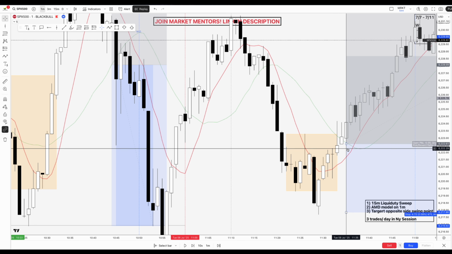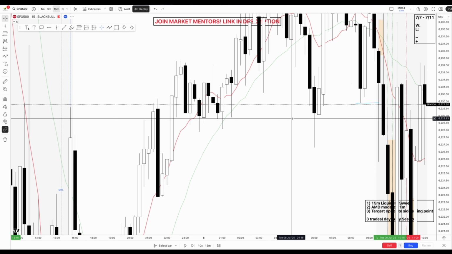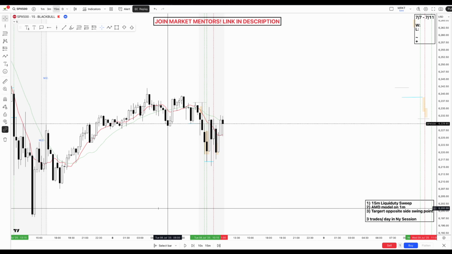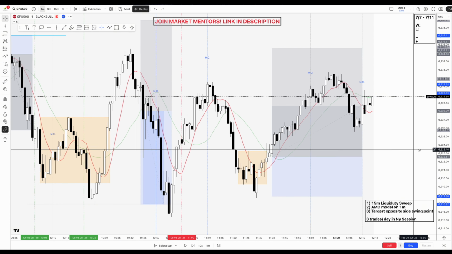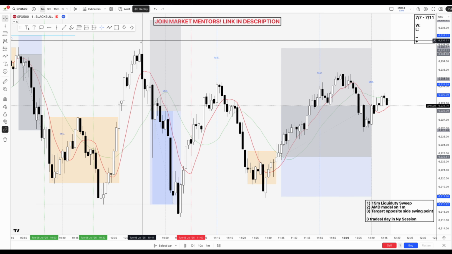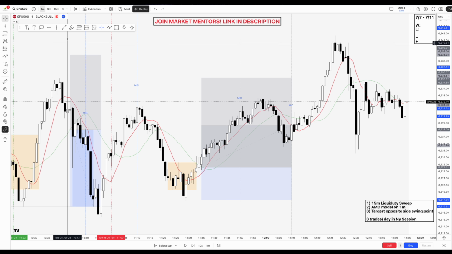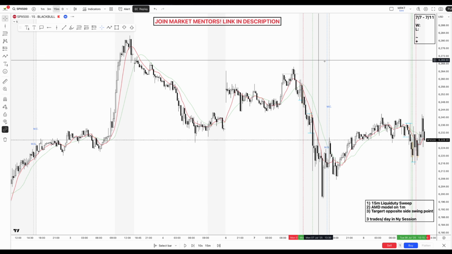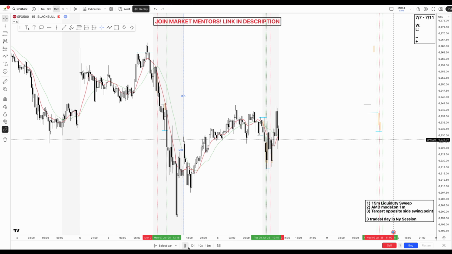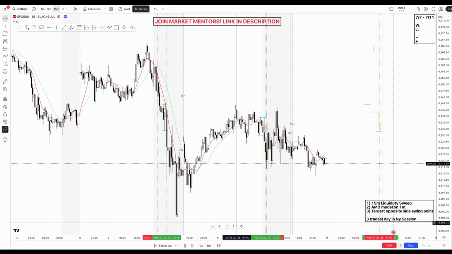Entering at the imbalance, set your target at the 15-minute swing high, which I would say is probably this one, because it's the first one that formed. And yes, this swing high hit 2.73%, so it's over 5.73% on the day, which is a solid day if you're risking 1%. So that's Tuesday, and we're going to go on to Wednesday.